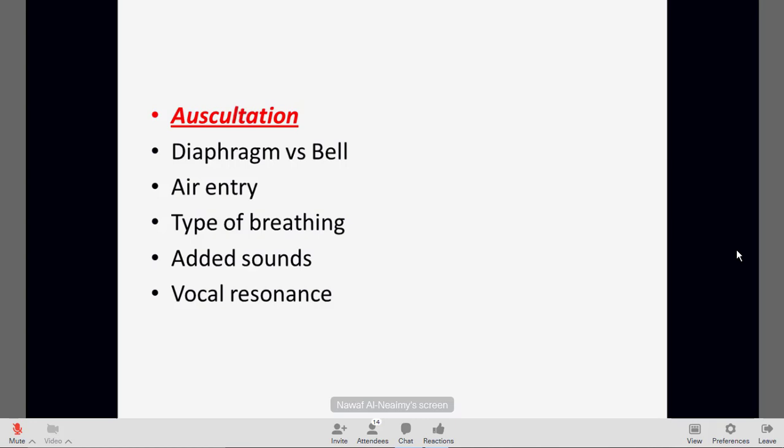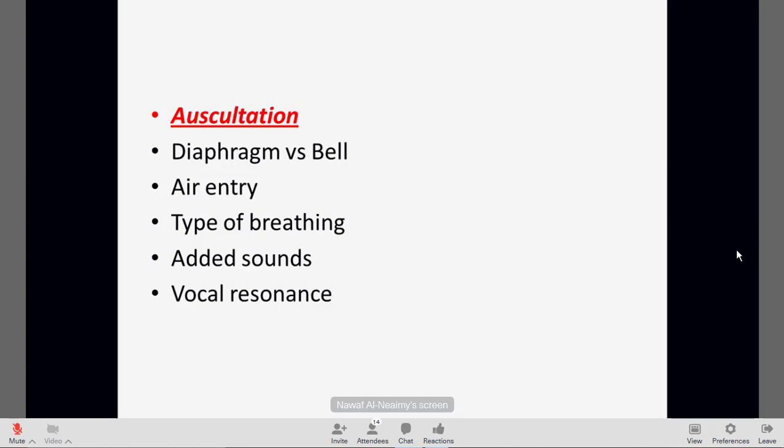Immediately there is the expiration, which is shorter than the inspiration. So the normal vesicular breathing, the inspiration is longer and there is no gap.